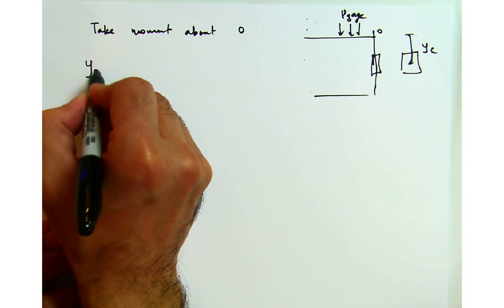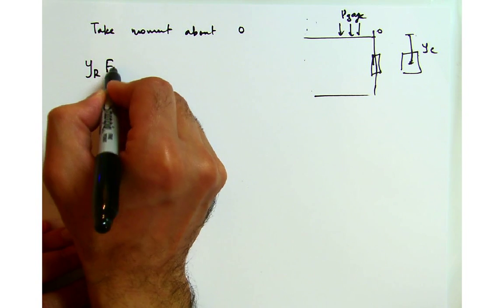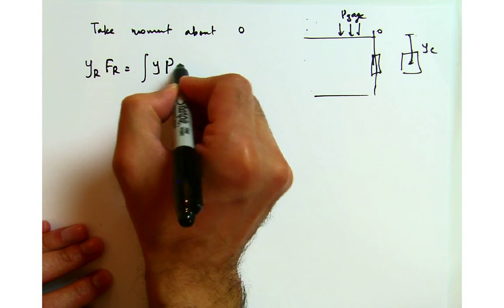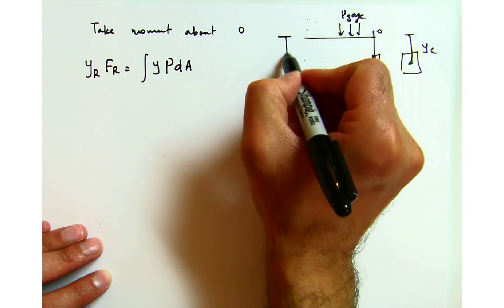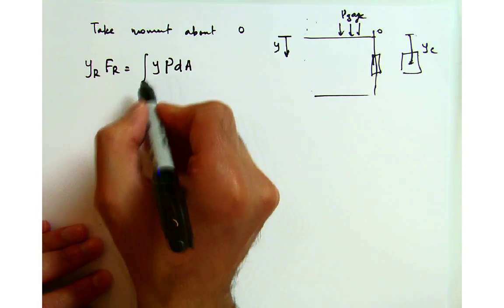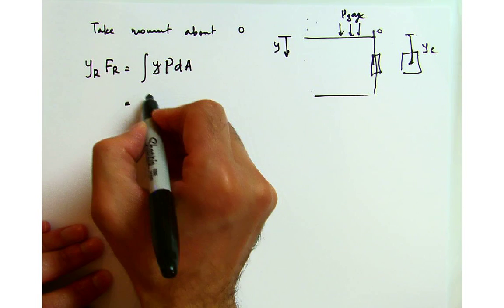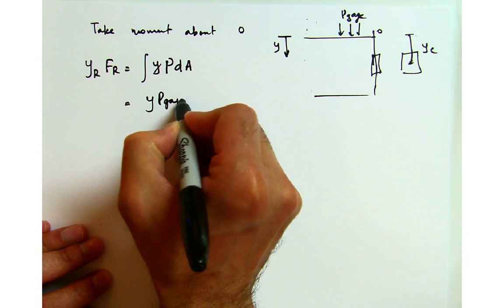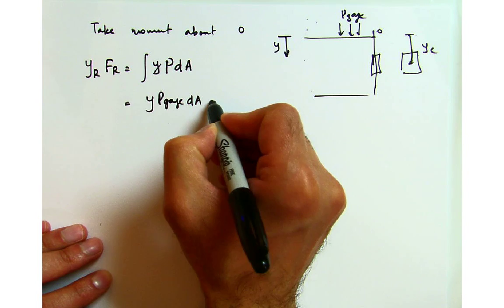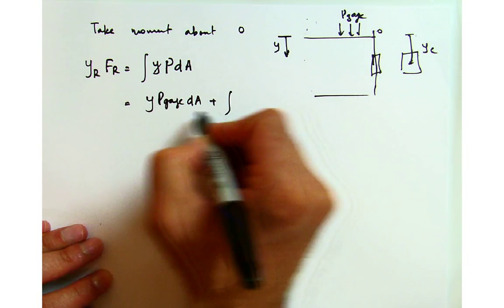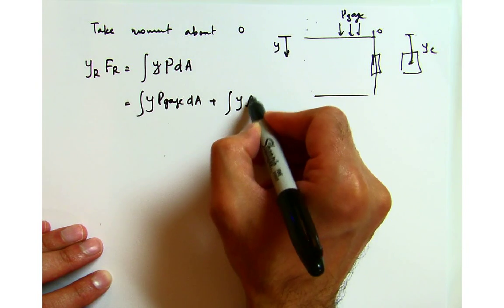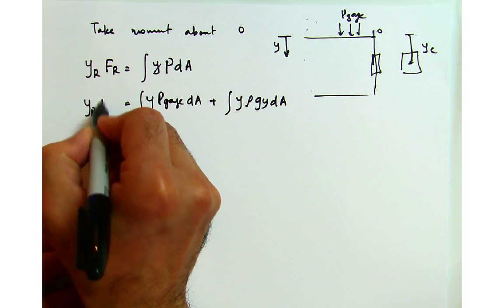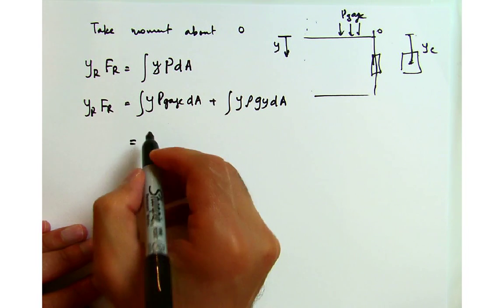So we have yR times FR equals the integral of y P dA. So we have the integral of y times P gauge times dA plus the integral of y rho g y dA, and this is yR FR.